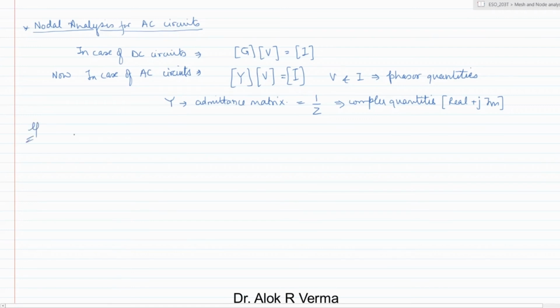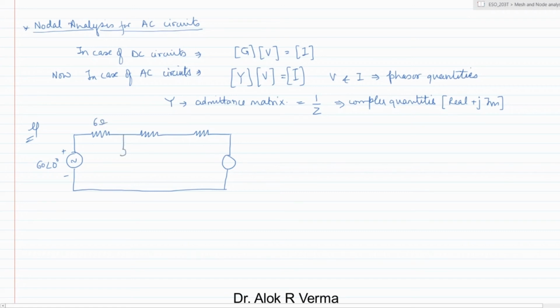So the given circuit is, suppose, you have a voltage source, this is 60 angle 0. This is 6 ohm.